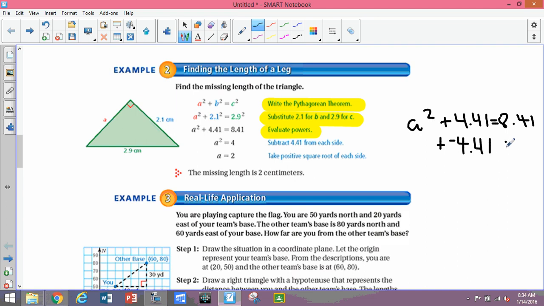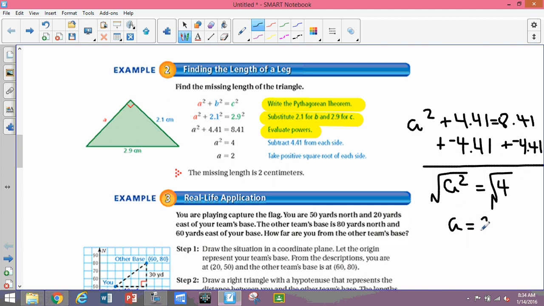I am, because I am in the habit of adding the opposite, but you could just subtract 4.41 because you are talking about distance, so it's not going to be a negative answer. You end up with a squared, because these two cancel out, equals 8.41 plus a negative 4.41, which is 4. And then you'd have to take the square root of a squared and the square root of 4, and you get a equals 2. And our label is centimeters.